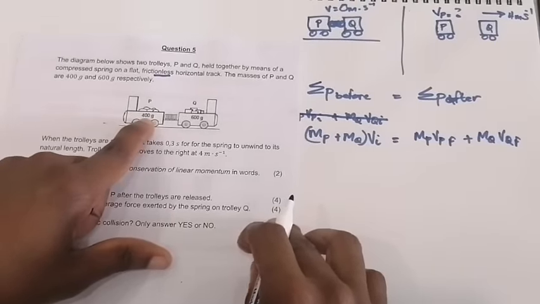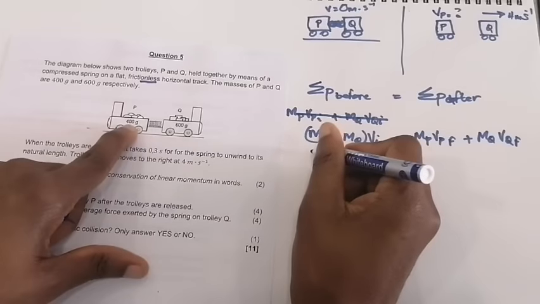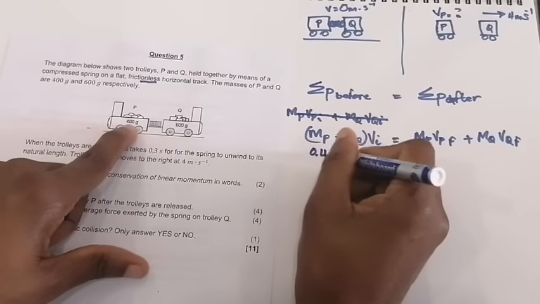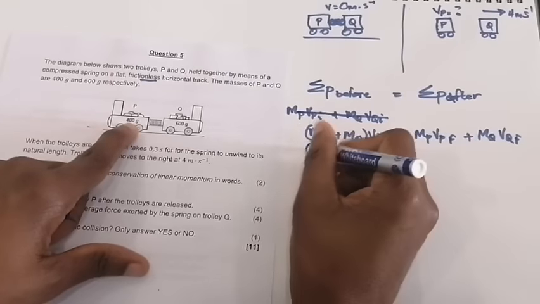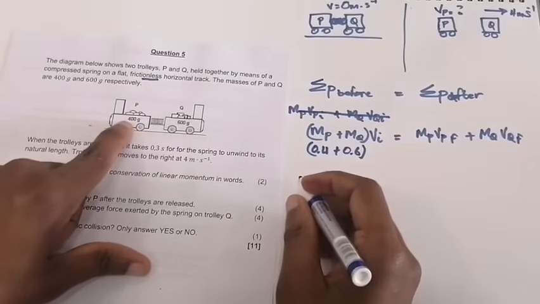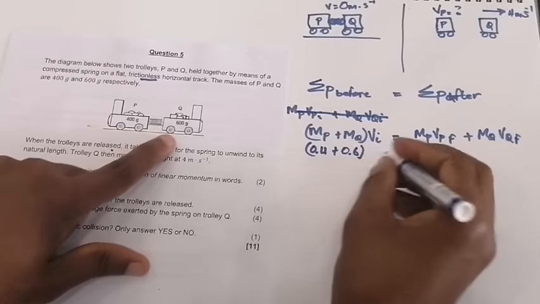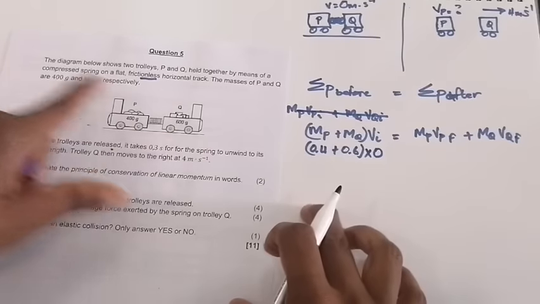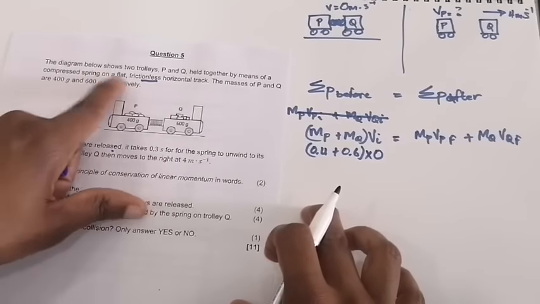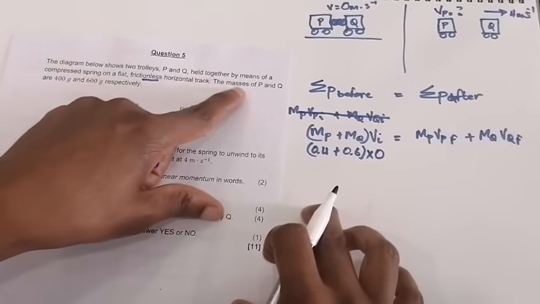We divide by 1,000. So in this case, that's going to be 0.4 for P, 0.6 for Q. That's divided by 1,000. That gives us 0.4 and 0.6 respectively, multiplied by 0. Remember, they were stationary before. That's why they suggested to us that they were held together.